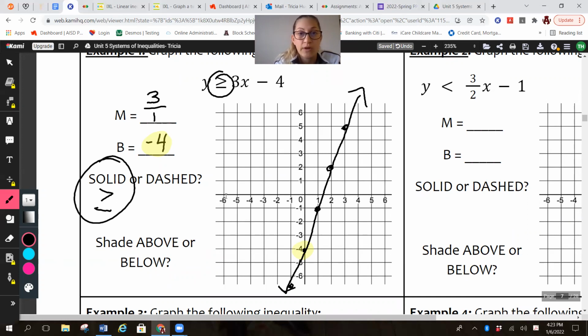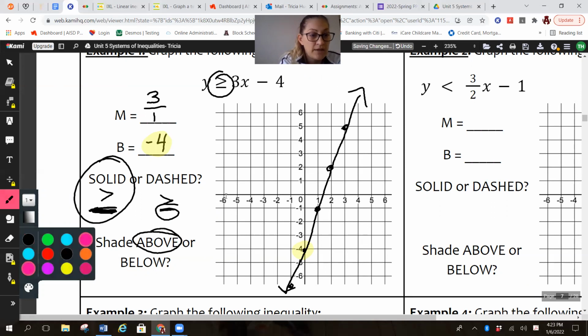Okay, when it's greater than or less than or equal to, equal to means right here, that's equal to, and it's going to be a solid. And just think about an equal to on the symbol, it's a solid line. See, greater, solid line. So that tells you this better be a solid line. Now, since it says greater, greater means above.